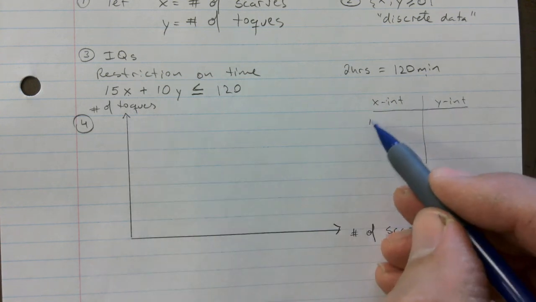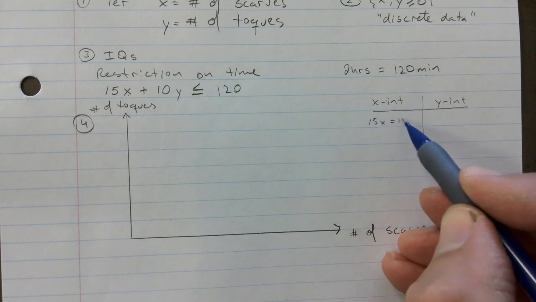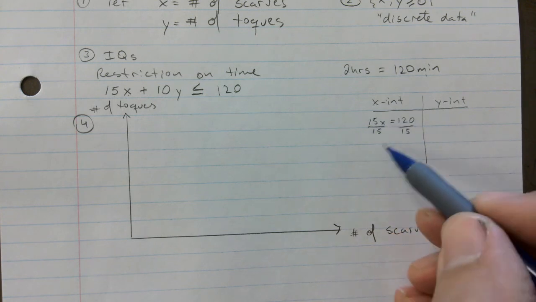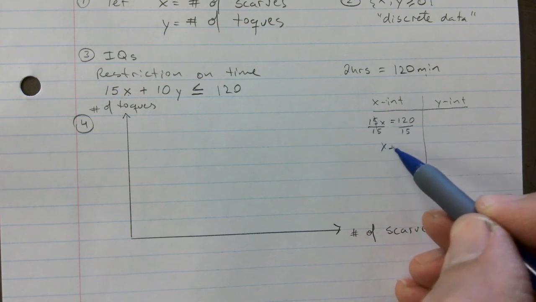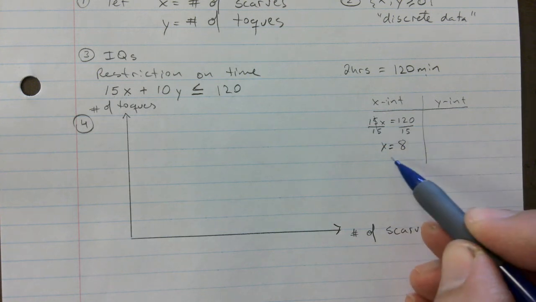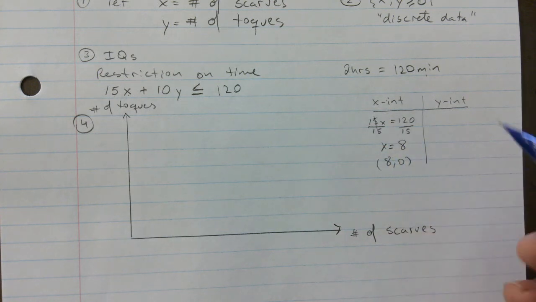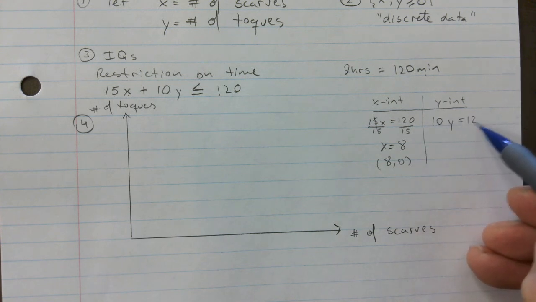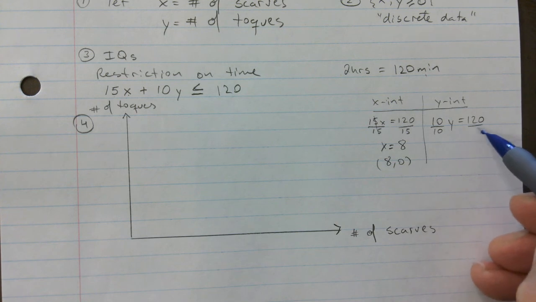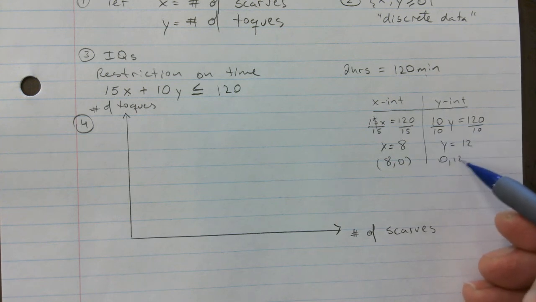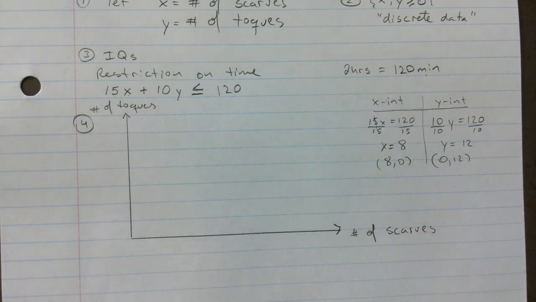So I end up with 15x equal to 120. Divide both sides by 15. X is equal to 8, so it's (8, 0). The y-intercept: 10y is equal to 120. Divide both sides by 10. Y is equal to 12. So (0, 12). Beautiful, no decimals even.